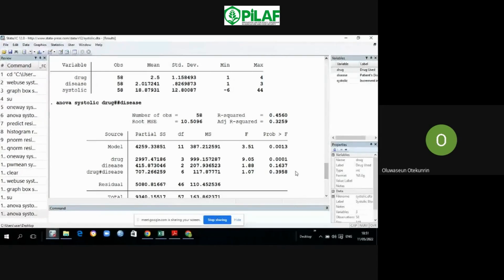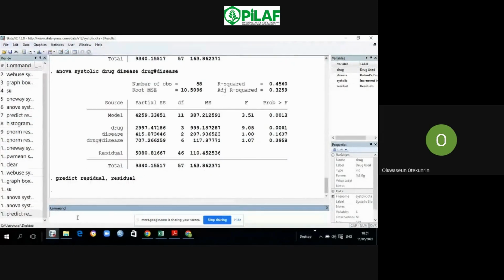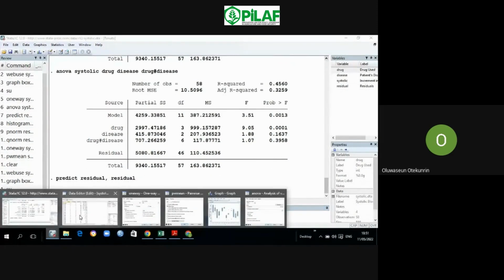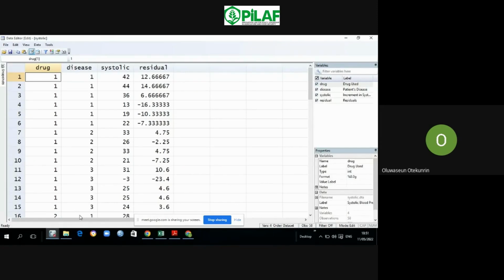So as usual, let us predict residual. If you check now, you see that the residual is back.